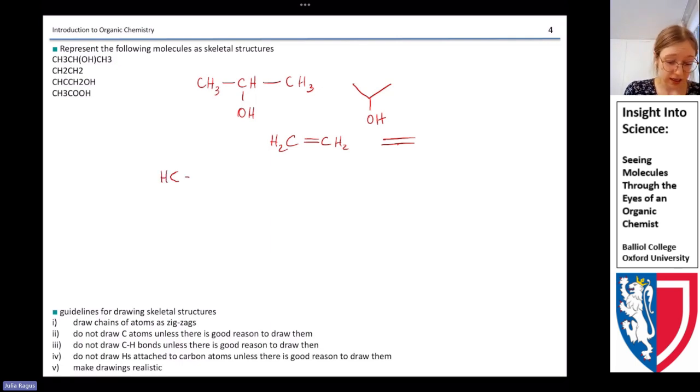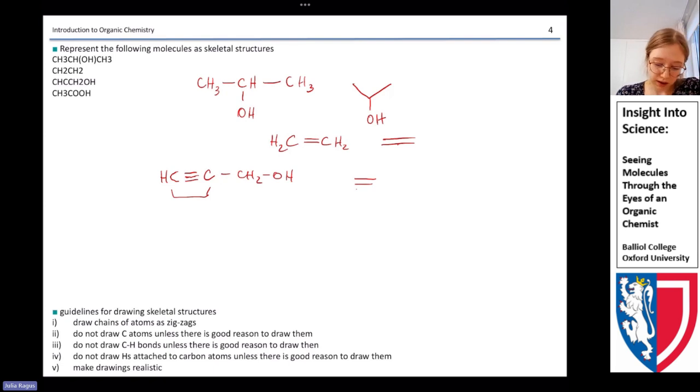The next molecule, CH, I'm starting again just thinking about those atoms and assuming that these bonds are single bonds and then seeing what can happen next. We've got CH, C, CH2, OH. So here we are missing quite a few electrons, and the only possibility is when that's a triple bond. So what would it be like in a skeletal representation?